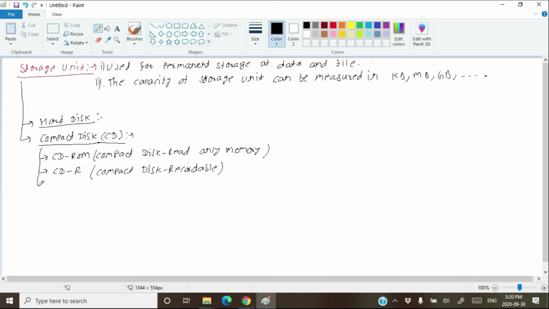And the third one is CD-RW, which means compact disc rewritable.